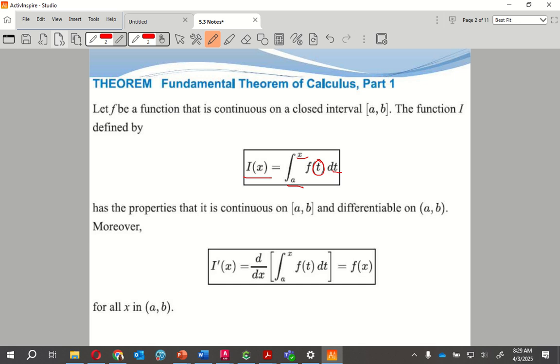Okay, so we're going to change it up. This has the property that it is continuous and differentiable on that same interval, and for all x in it, it's going to turn into f of x, because the integration and the derivative should counteract each other.